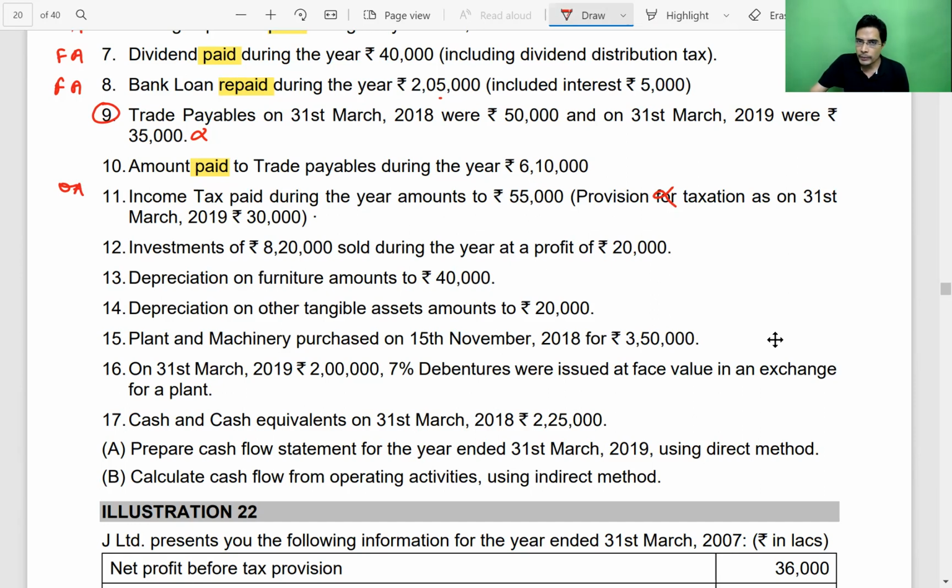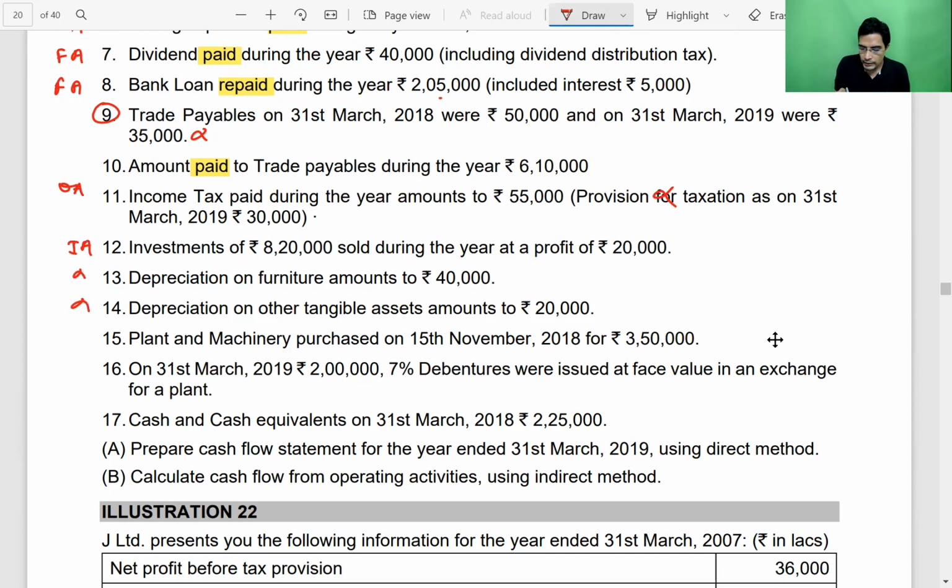We also deduct tax paid, and then we'll get cash flow from operating activity. So all the other information is useless. This information is useful only under indirect method, not under direct method. Investments, investing activity. Depreciation, no use under direct method. Again, depreciation, no use under direct method.